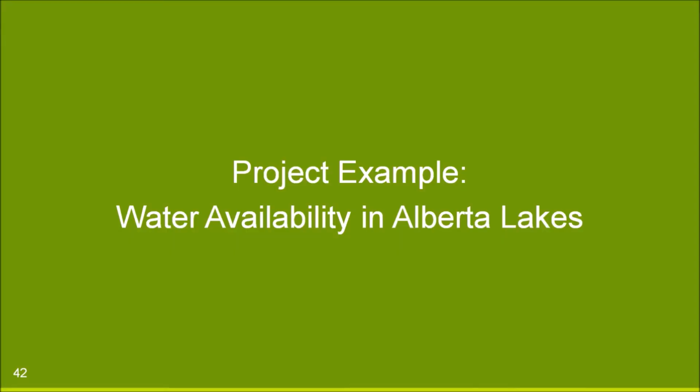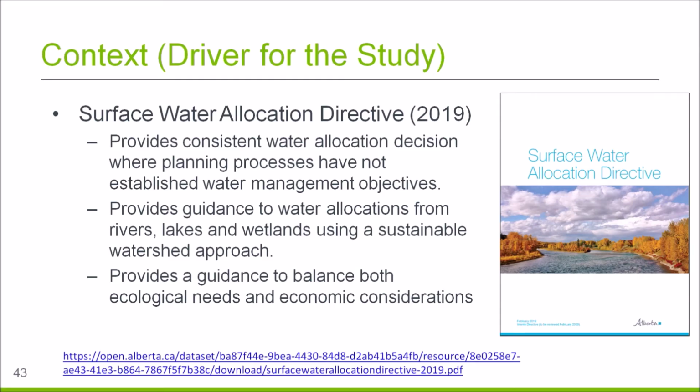Now, I want to give you three different examples. The first one is water availability in Alberta lakes. This is a new directive that was approved by the department in 2019. It's the Surface Water Allocation Directive. This directive gives direction on how water will be allocated in the province where we do not have an approved water management plan.